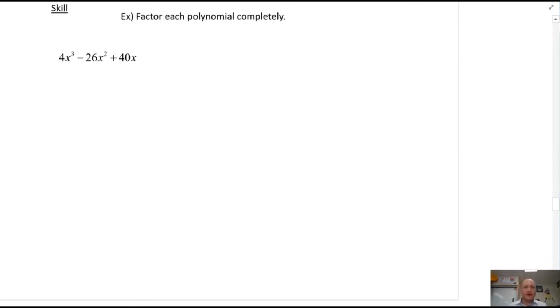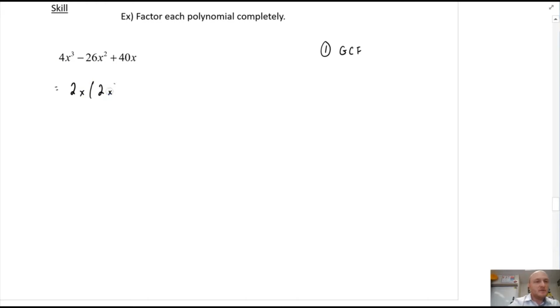Here I have a trinomial, and again, step 1, what I'm going to do to factor is identify the greatest common factor. So it looks like I have a 2 in common, and then an x. So that's my GCF.